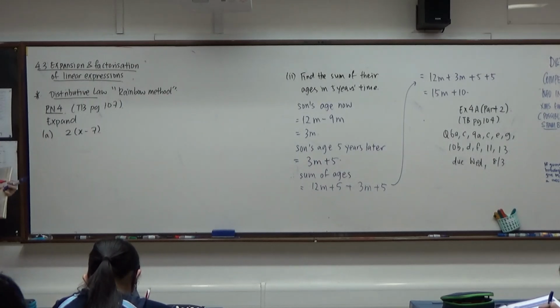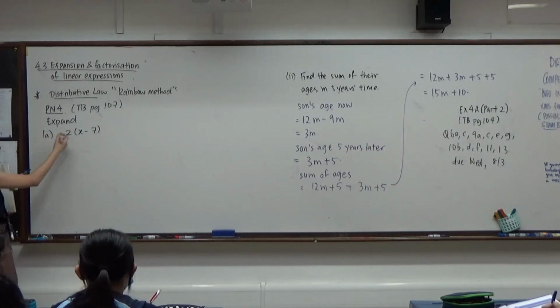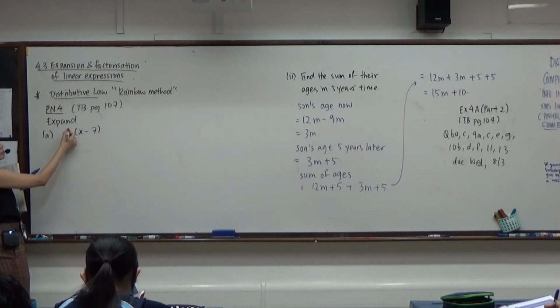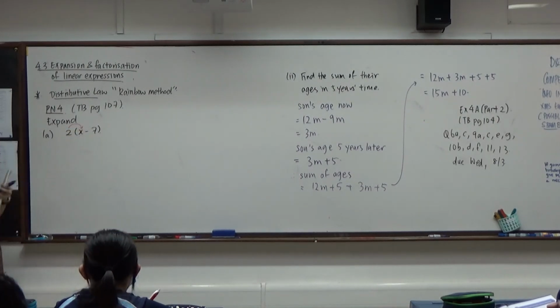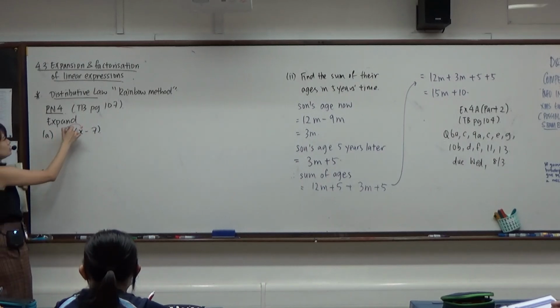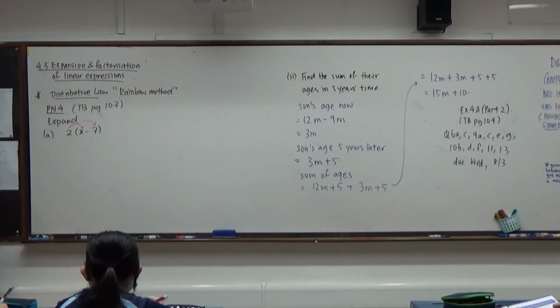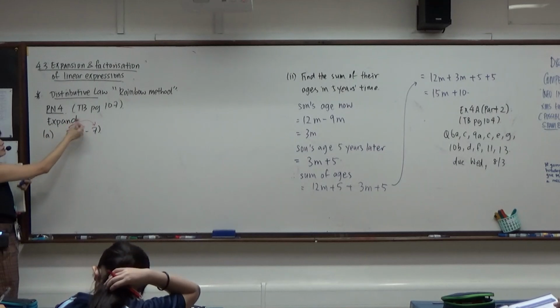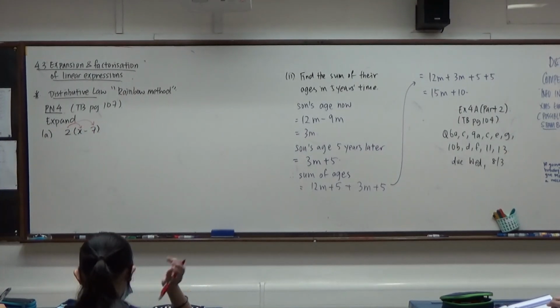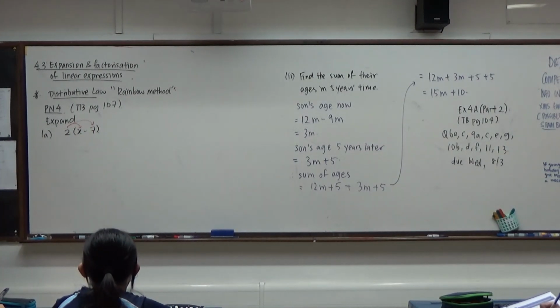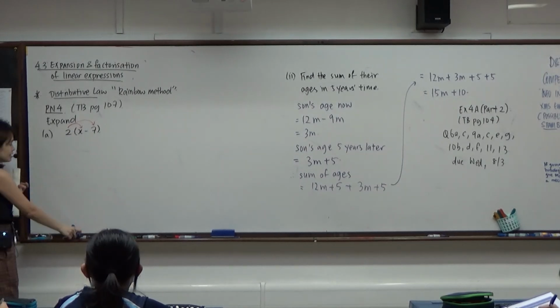We call it rainbow because we take this 2, multiply inwards with the x, and this 2 multiply inwards with the 7. Because of the way I'm multiplying, this is what I call the rainbow method. It's not that it comes out in rainbow colors.